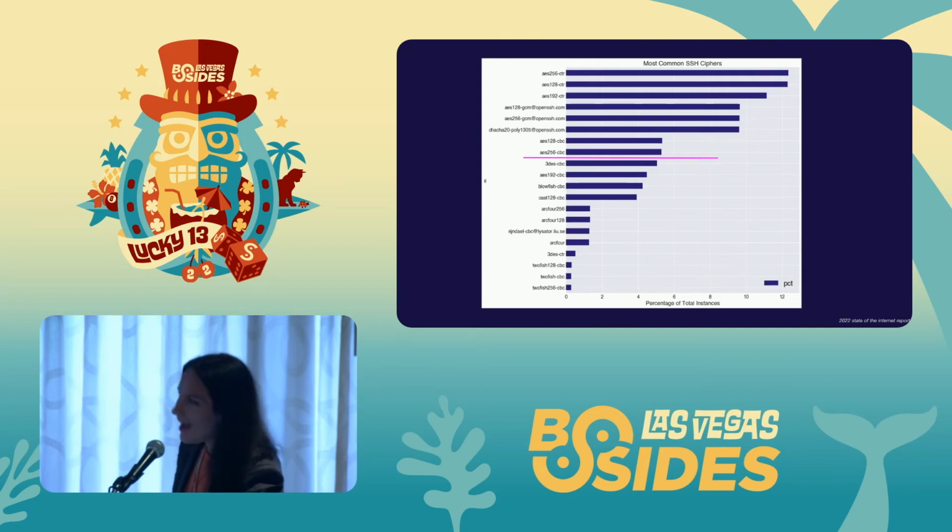However, as of March 15th, when this particular data was collected, we see a whole lot of triple DES still out there, which is a little bit interesting because that was deprecated, I think, or suggested to be deprecated in 2017, I think. And that's like 10 million services that are still running that. And you can also see some Blowfish over here, which, again, has been deprecated in favor of Twofish, I think. So overall, like 75% of these are pretty good, but we could be doing better with these millions of services.